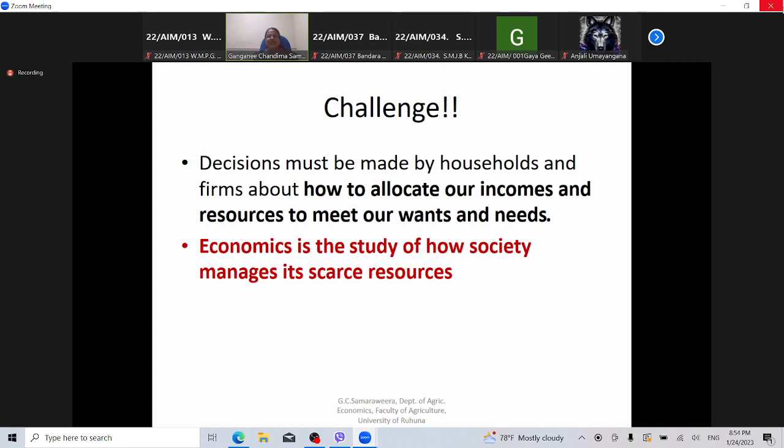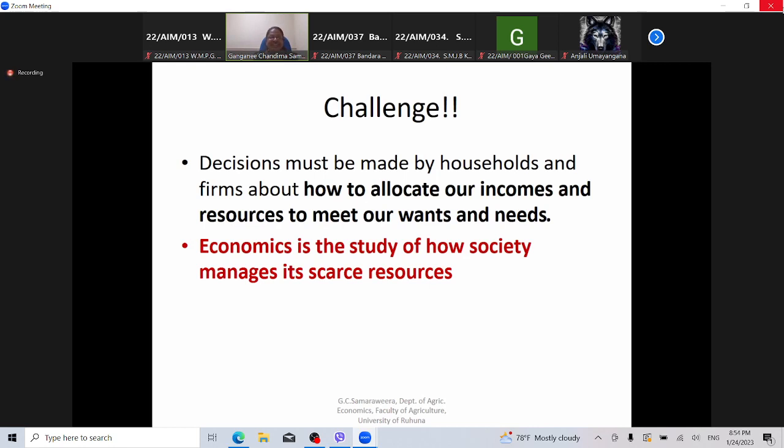Very good. From the producer side, producers expect high prices to get more profits. From the consumer side, they need low prices with good quality to get maximum satisfaction. That is a controversial situation, no?